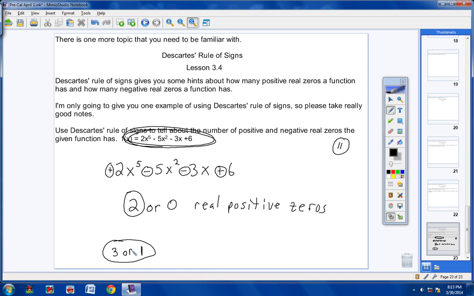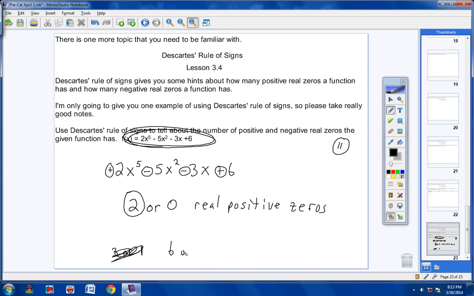Let's say there were 5 sign changes. Then you have 5, or 3, or 1. Notice I keep subtracting 2. You have 5 or 3 or 1 real positive zeros. What if my sign changes had been 6?